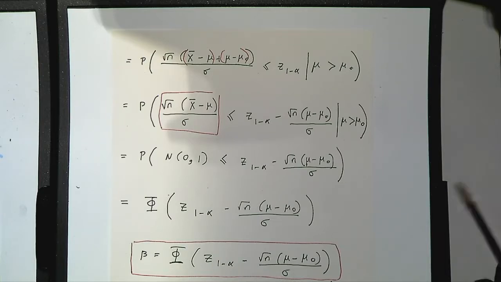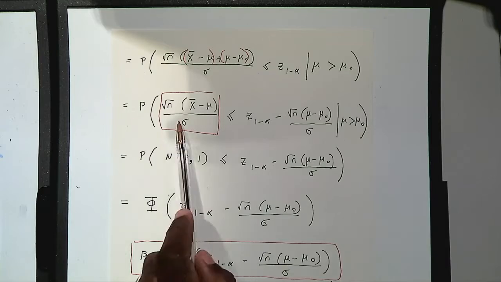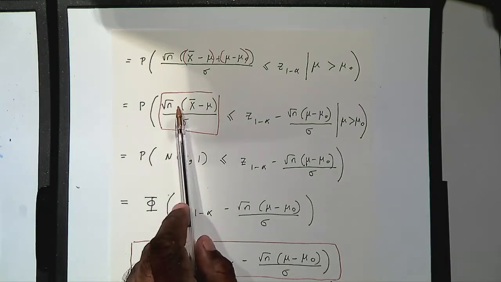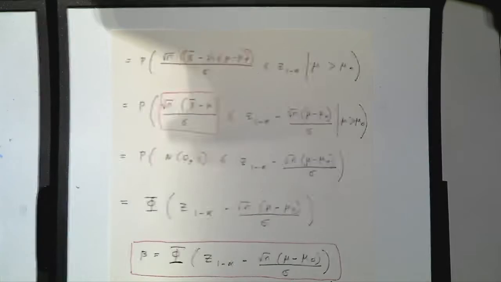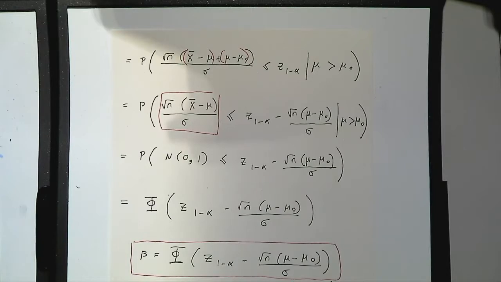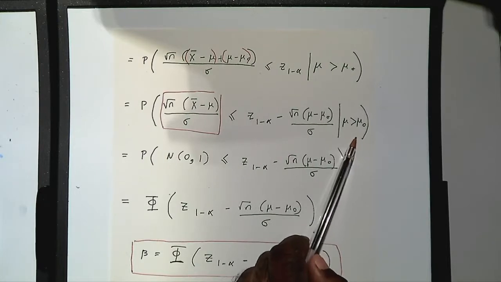Yeah, the reason I remove the conditioning is because this expression here has a standard normal distribution given the fact that the population mean is mu, right? If the population mean is mu, then this guy here has a standard normal distribution. So I've used the conditioning that the population mean is mu.